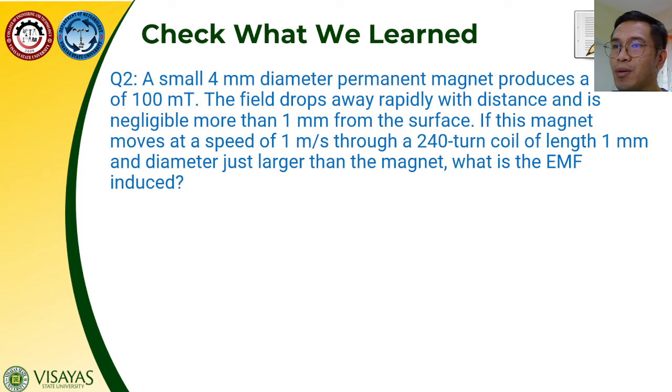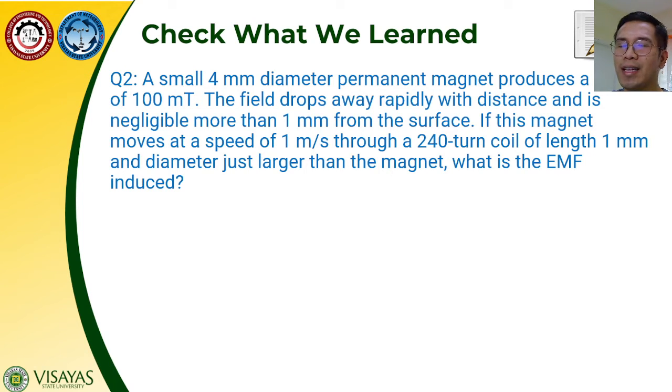The field drops away rapidly with distance and is negligible more than 1 millimeter from the surface. If this magnet moves at a speed of 1 meter per second through a 240 turn coil of length 1 millimeter in diameter, just larger than the magnet, what is the EMF induced?